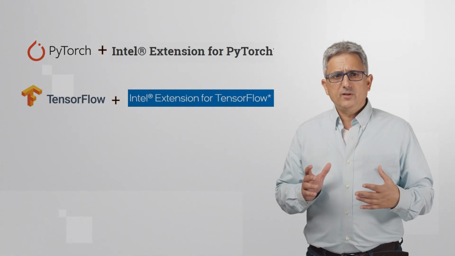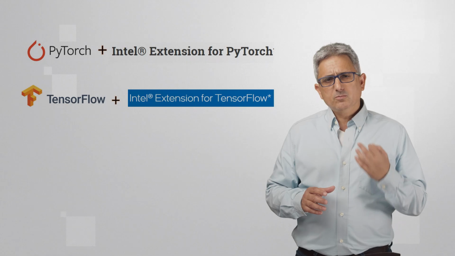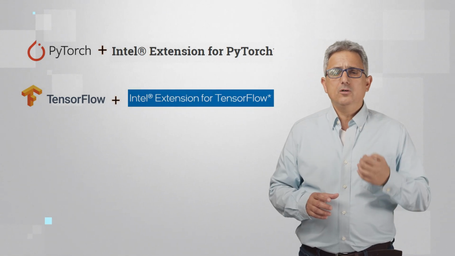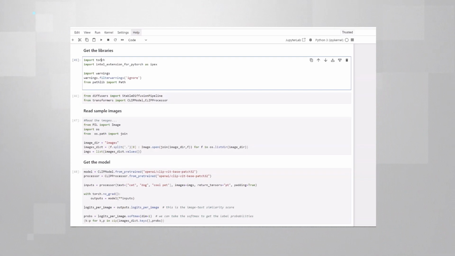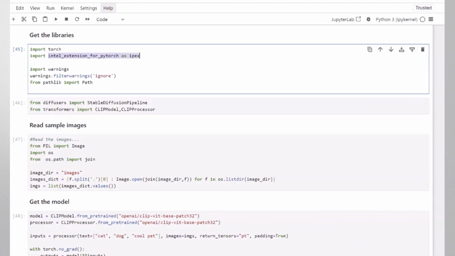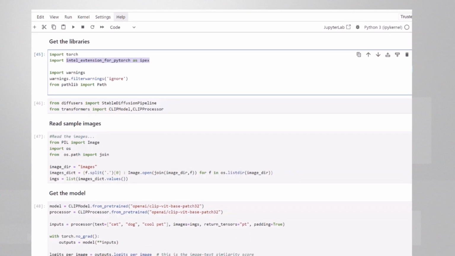However, to achieve acceleration on Intel GPUs, you'll need a small software layer called the Intel Extension for PyTorch or for TensorFlow. You can see in the code that I'm using PyTorch, and I'm also using the Intel Extension for PyTorch, what we call, in short, IPEX. The code will behave the same.